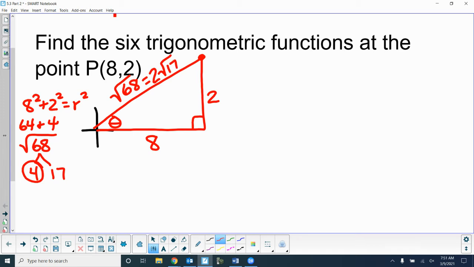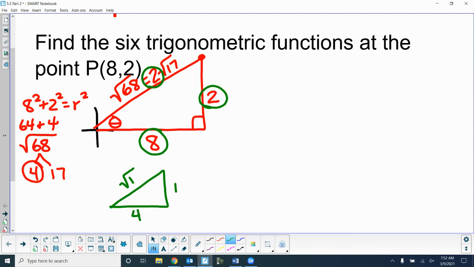Now, here's what I do. These 3 numbers are even, right? So I'm going to reduce it, because I know I'm going to have to reduce the fractions. So I'm just going to divide each one by 2. So the new numbers would be 4, 1, and the square root of 17.